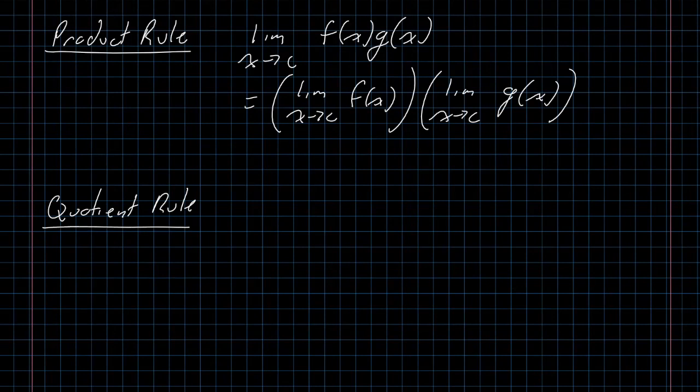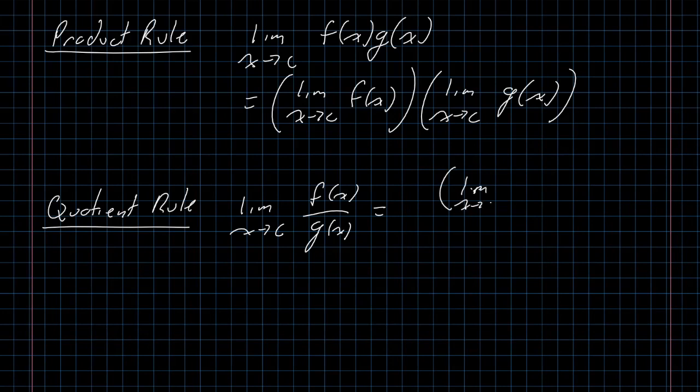The quotient rule is where things start to get interesting. The quotient rule tells us that the limit as x approaches c of the quotient f of x over g of x is in fact equal to the limit as x approaches c of f of x divided by the limit as x approaches c of g of x. But this one, finally, we get to a place where we have a caveat.